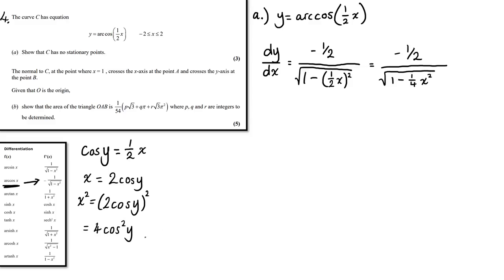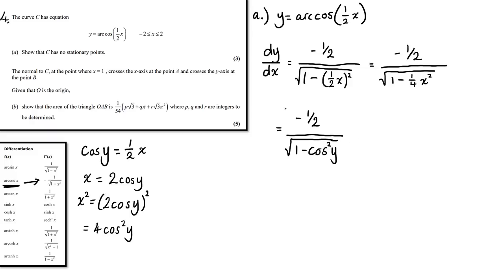Now when I substitute that back in here, I'm going to get minus a half all over the square root of 1 minus 1 over 4 x squared. If x squared is 4 cos squared y, and you divide that by 4, we just get left with cos squared y. So this is 1 minus cos squared y.